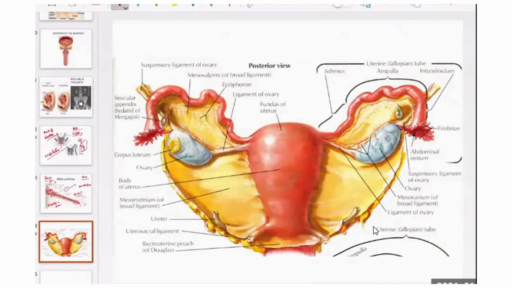The layers are skin, dartos muscle, external spermatic fascia, cremasteric fascia, and internal spermatic fascia. There are 5 layers of the scrotum in order from outwards to inwards: skin, dartos muscle, external spermatic fascia, cremasteric fascia, and internal spermatic fascia.